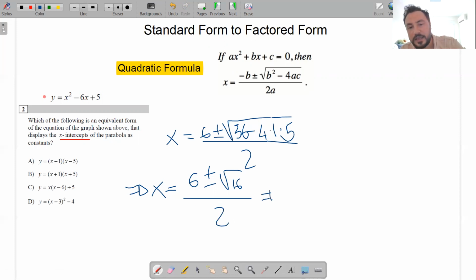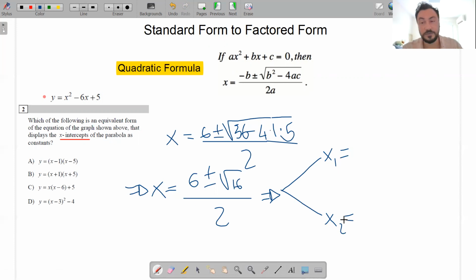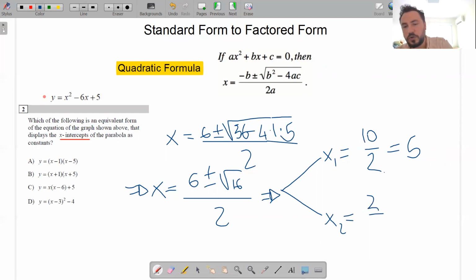I can already talk about the two possible answers, x sub 1 and x sub 2. Why? Because the square root of 16 is just 4. It's not going to be like the case before. This is a straight up whole number, an integer. So in the first case, I'm going to have 6 plus 4, which is 10 over 2, or better said, 5. In the second case, I have 6 minus 4, which is 2 over 2, which is 1.